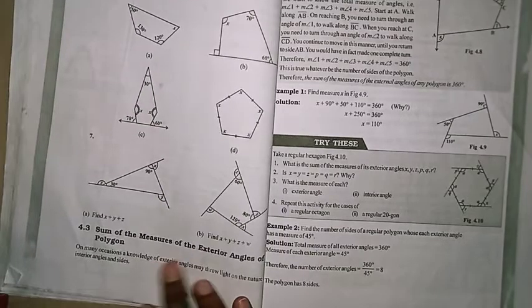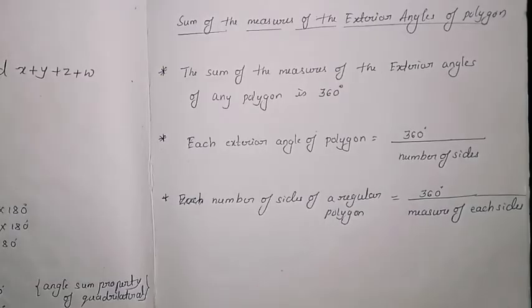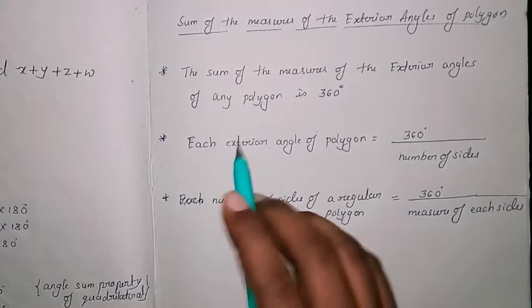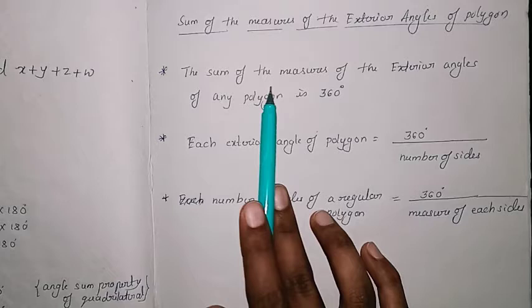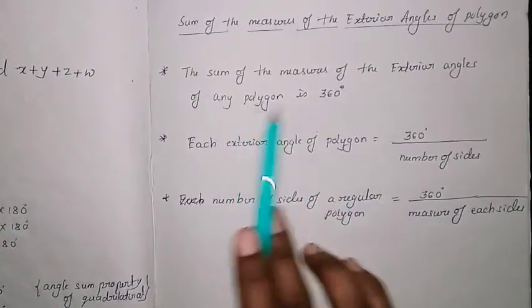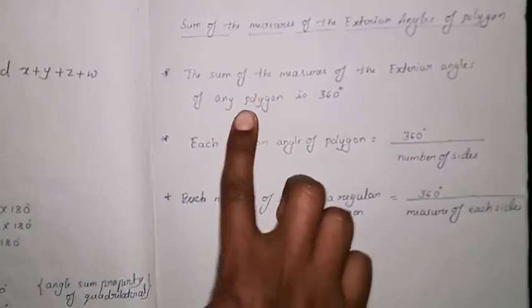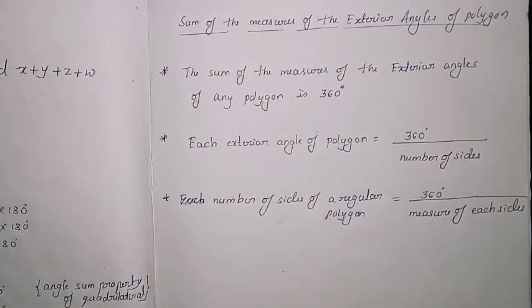So we will note down some points, then we will move towards our exercise problem. Just write it: sum of the measures of exterior angles of a polygon. Just note down the points. As I explained, the sum of the measures of the exterior angles of any polygon. Polygons start from the triangle, after that quadrilateral, pentagon, hexagon.